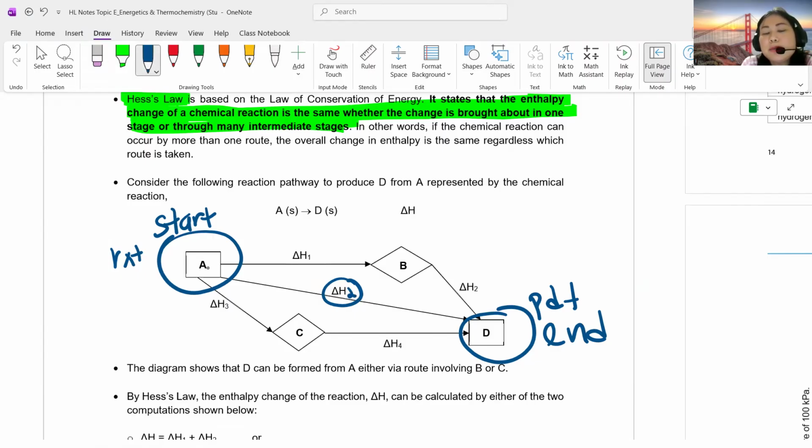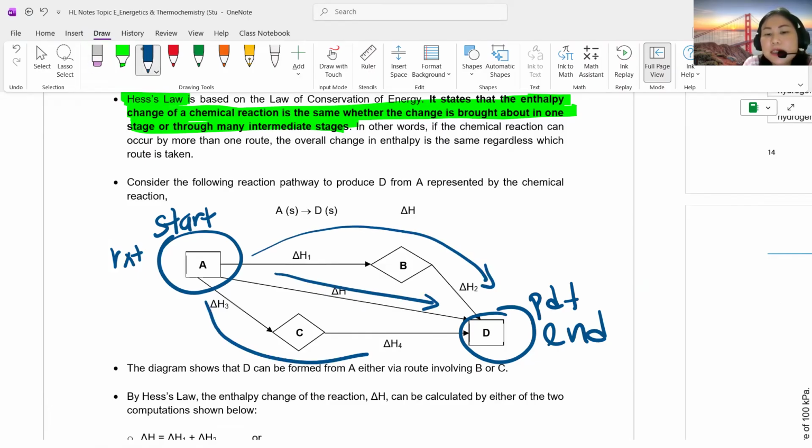Or it goes through another pathway whereby it first changes to B and then B changes to D. Whether it goes by this pathway or this pathway, the energy change should be the same, because it states that enthalpy change is the same whether the change is brought about in one or many steps, right?